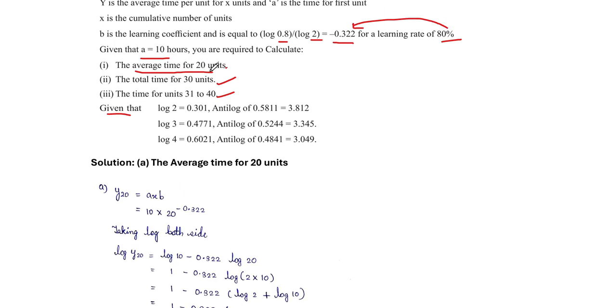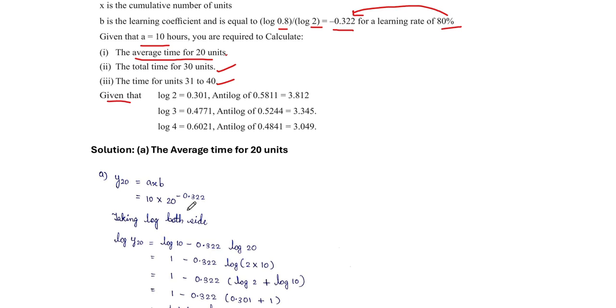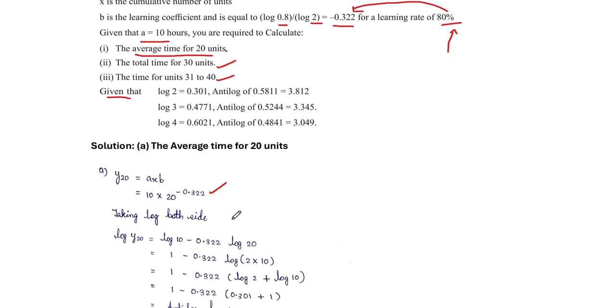Here we need to find the 20 units average time, so our x value will be 20. 20 to the power b. The value of b, b means learning ratio, 80% value is given as minus 0.322. So we will put here minus 0.322.